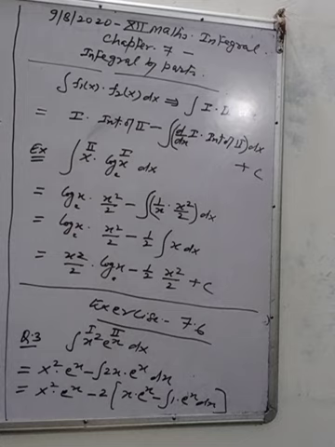For example, e^(ax) sin bx, e^(ax) cos bx. You can integrate both the functions. In this case, you can take any function as first, e^(ax) or sin bx, or e^(ax) or cos bx. You can take one of them as first and the other as second.